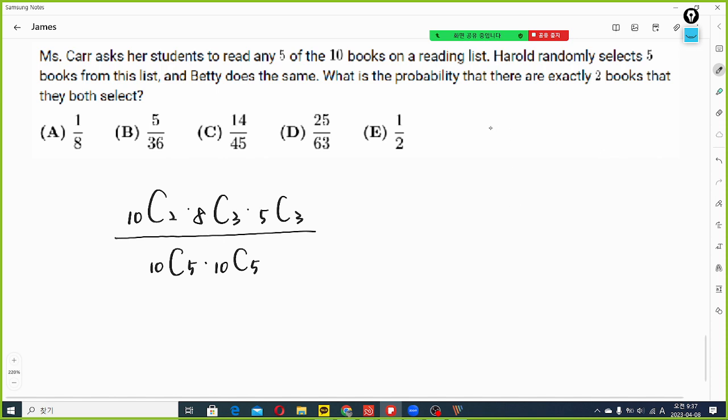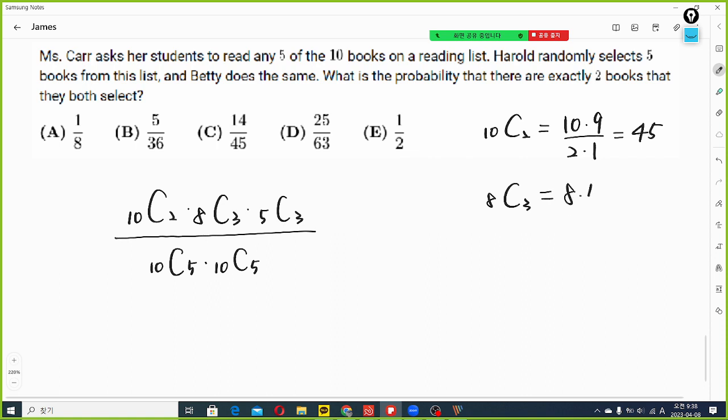So 10C2 means 10 times 9 divided by 2 times 1, which is 45. And 8C3 means we are multiplying 3 numbers starting from 8 in decreasing order.